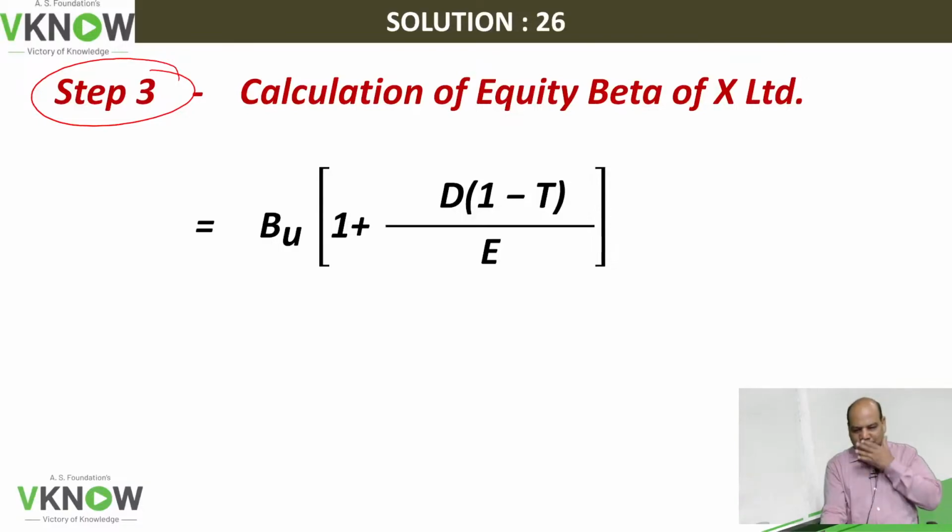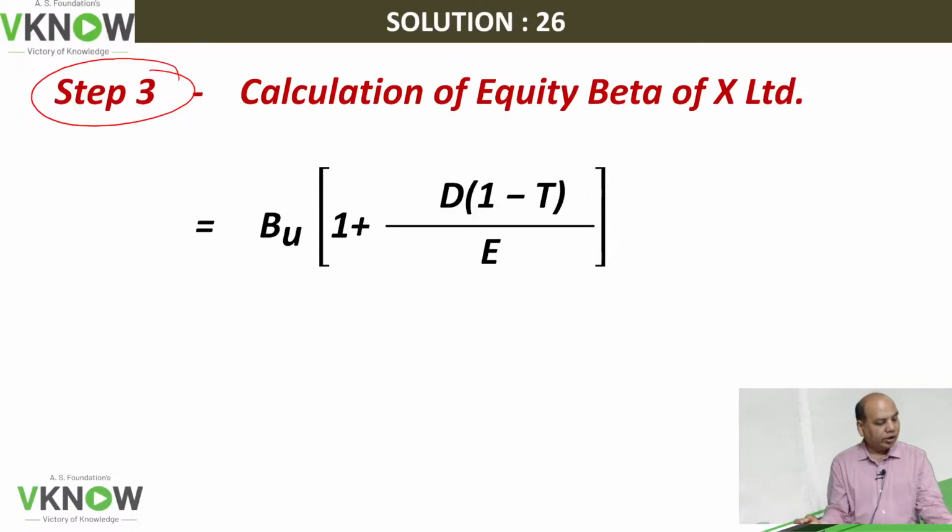Beta unlevered into 1 plus D by E into 1 minus T.